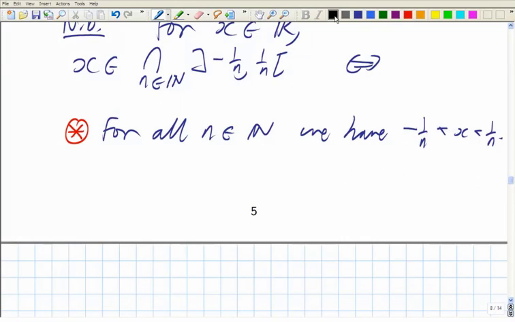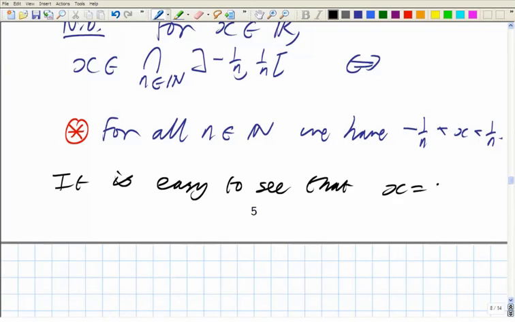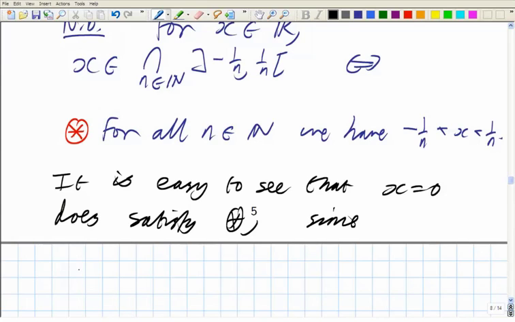It's easy to see that 0 does satisfy star, since minus 1 over n is strictly smaller than 0, which is strictly smaller than 1 over n, for all natural numbers n.